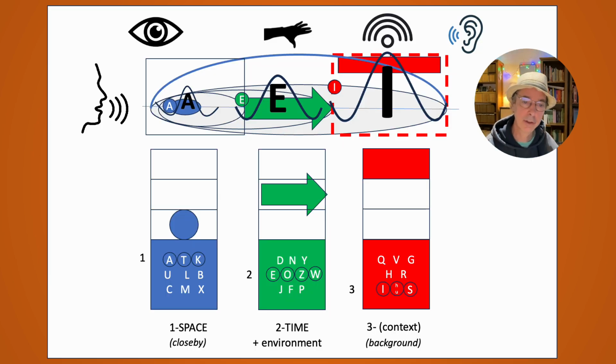And these three regions: the region of space, the region of time, which goes beyond our close-by environment and enriches the close environment in which we move, in which the time frames are. And the last one is the large context, where all the definitions are as well.